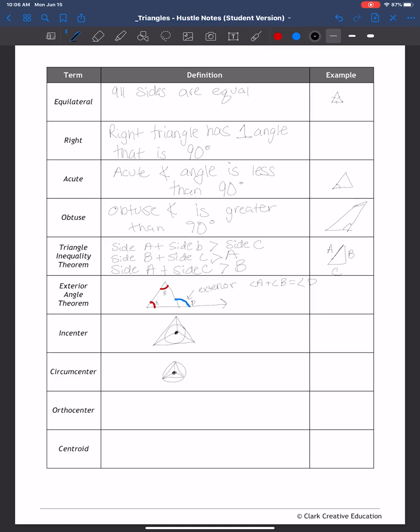The orthocenter is the intersection of the altitudes of a triangle. So basically, if you have a triangle that looks like this, you can break the triangle there, there, and there, and right here would be your orthocenter.